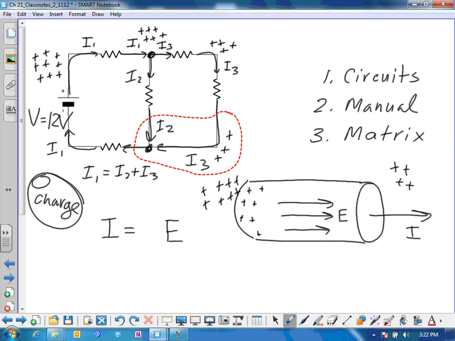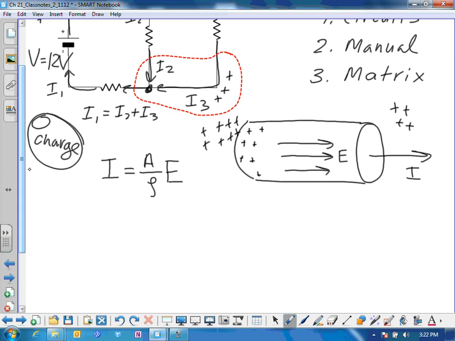Okay, and it's going to be proportional to how big the cross-sectional area is, because that tells you how many electrons are in there. And it's going to be also proportional to how conductive the wire is, which is a physical property of the material that we're using to make up the circuit elements and the wires. And rather than use conductivity, we will use the inverse of conductivity, which is resistivity. And so we have an equation now that explains pretty much how current is generated by the electric field.